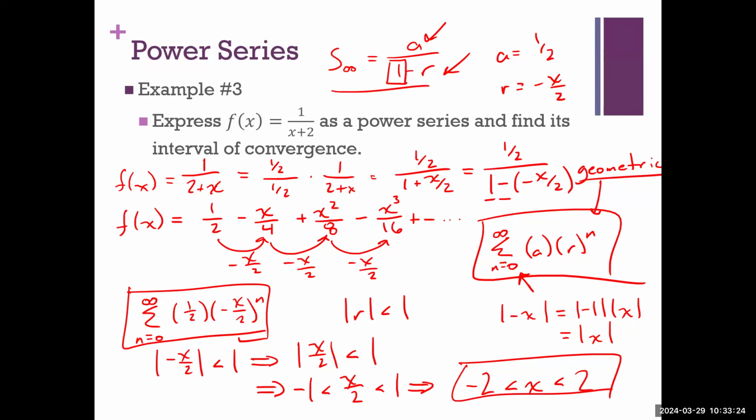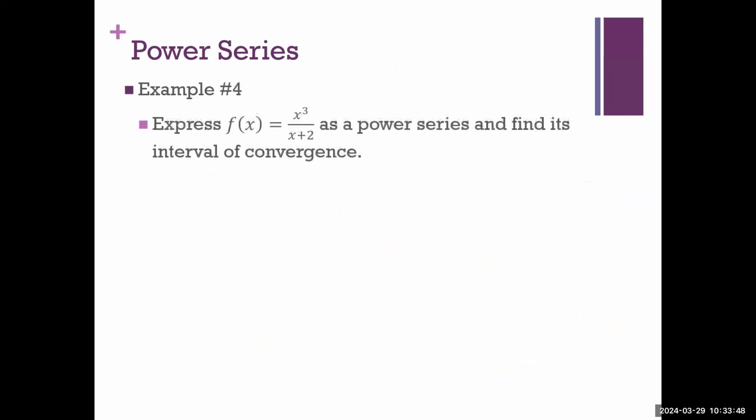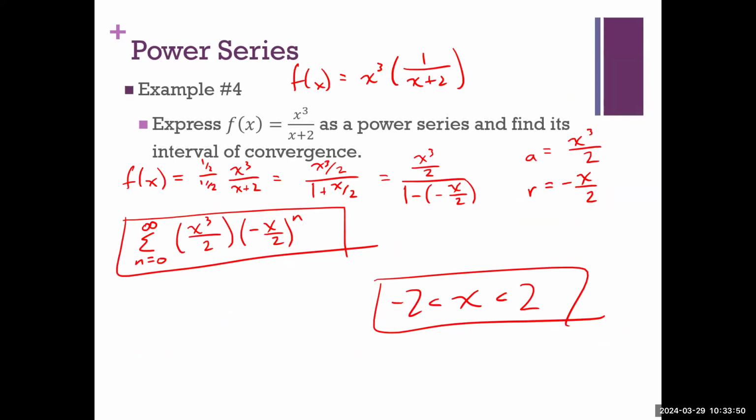Right, so in a geometric series, the common ratio is enough to figure out where this thing converges, or to figure out the radius. So our common ratio is negative x over 2, which means the absolute value of negative x over 2 has to be less than 1. That same calculation, because we have the same common ratio in this next example, is going to give us the same radius.